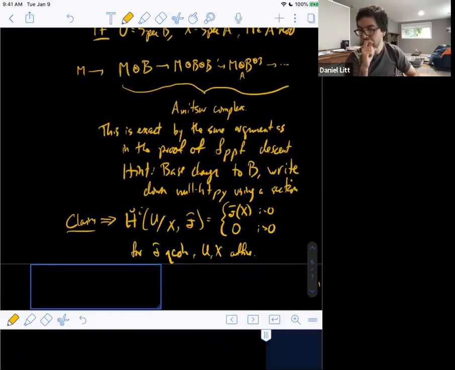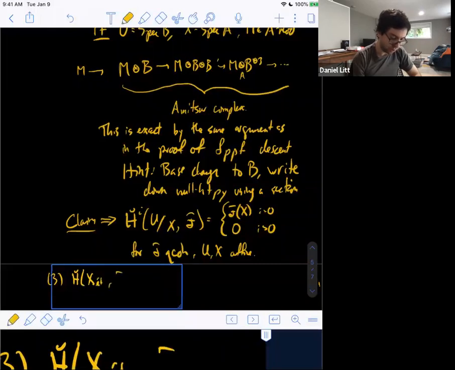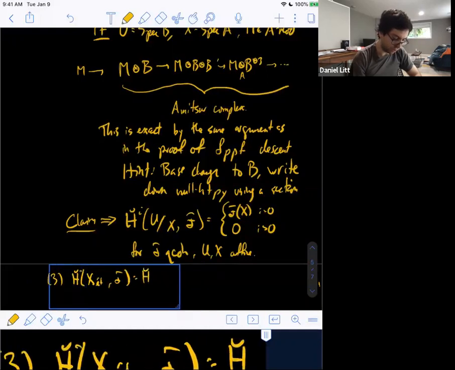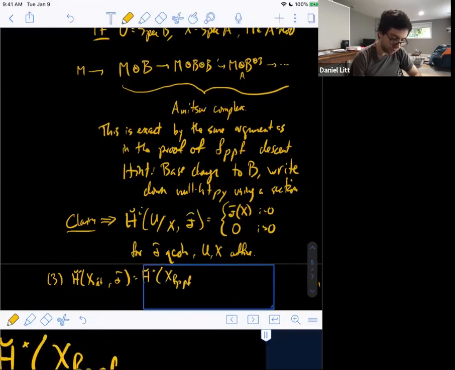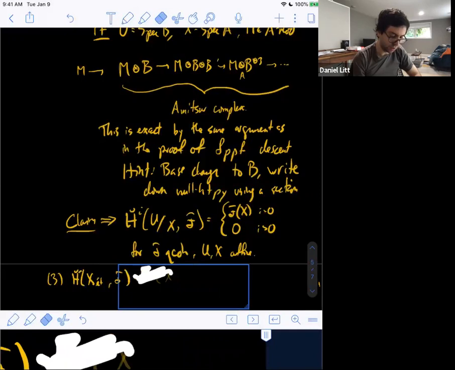Okay, so now step 3. I claim that the Čech cohomology of the étale site of F is the same as the Čech cohomology of the FPPF site of F. I haven't said what Čech cohomology is, so let me just say on the étale site.